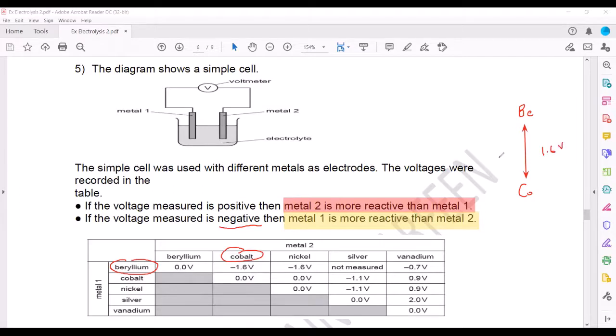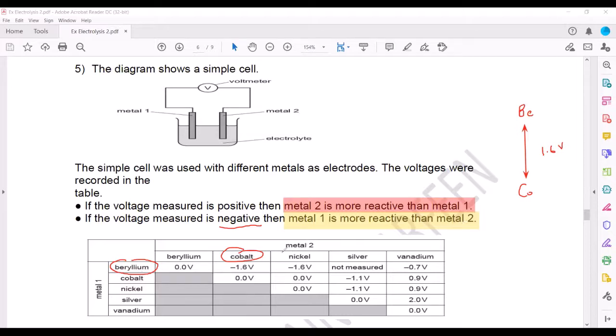Is it clear? The first part, how I work out which one is more reactive, either beryllium or cobalt: beryllium is metal 1 and cobalt is metal 2, and we are getting a negative answer. So it means metal 1 is more reactive than metal 2.